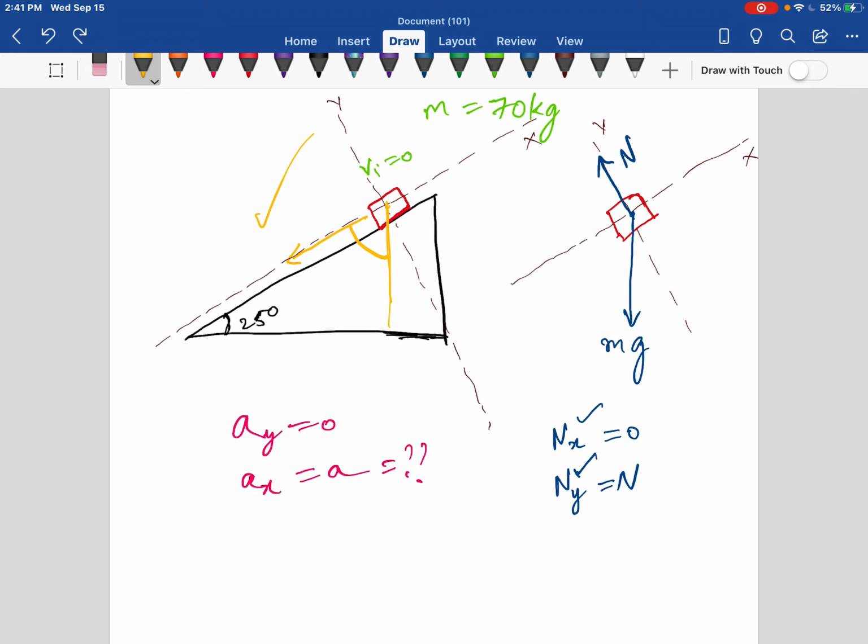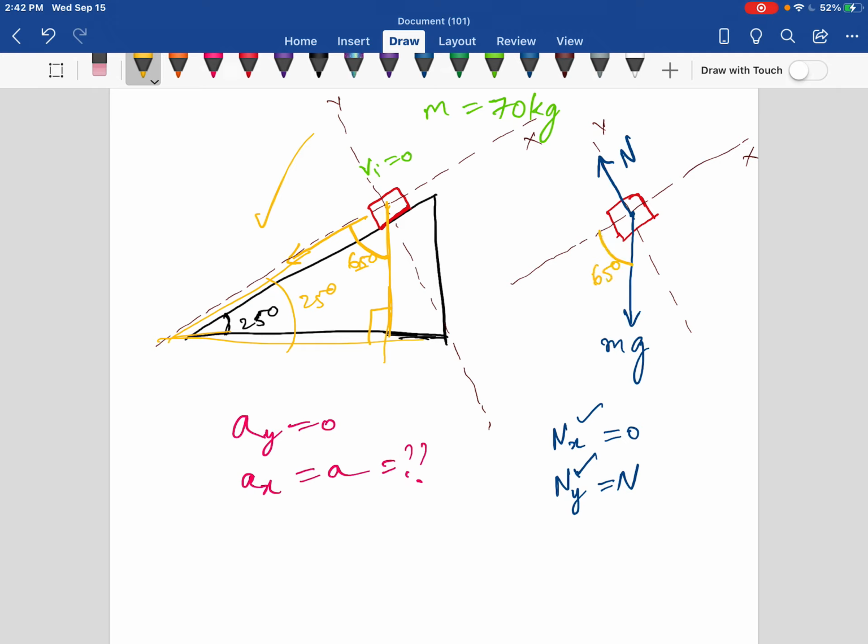Now you can already see that you look at this triangle, you can find that angle because this is exactly vertically down, this is exactly horizontal. So this is a nice right angle triangle. Over here this is 25 degrees, right? And horizontal, vertical, so it has to be 90 degrees. So if this is 25, this has to be 65 degrees.